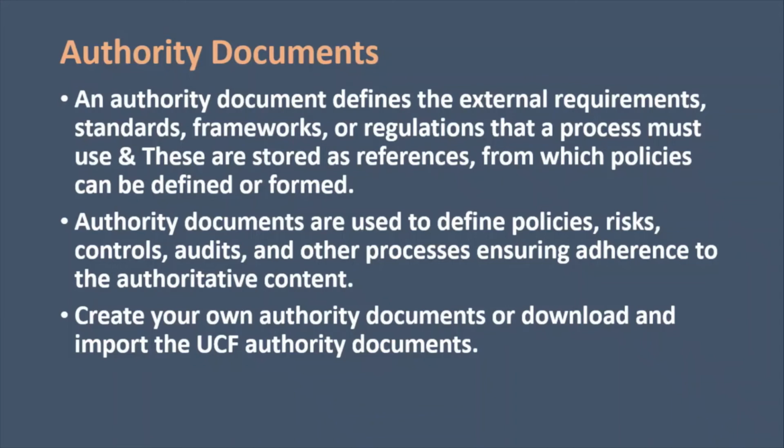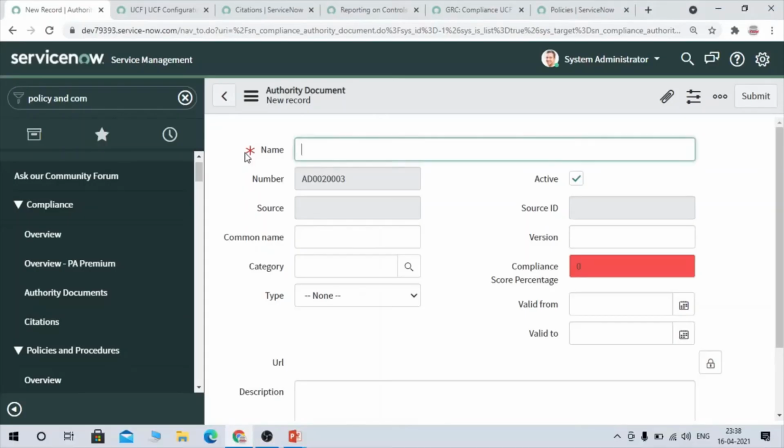You can create your own authority documents, or you can download or import the UCF authority documents. Once you have the integration set up between your ServiceNow instance and UCF, you can schedule the import, or you can import the authority documents from UCF and download them according to your wish. So let's open the authority documents.